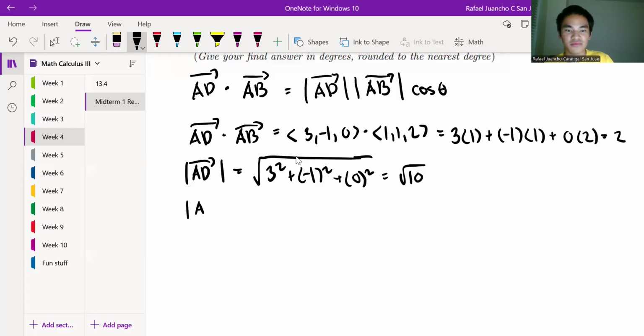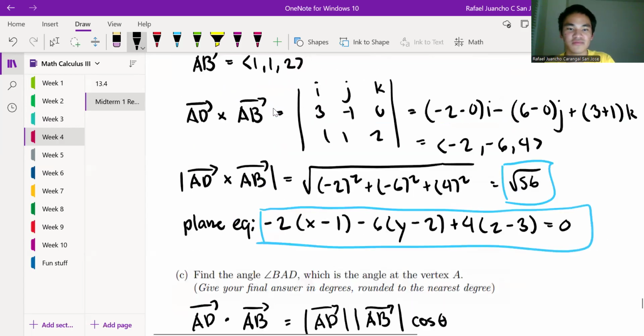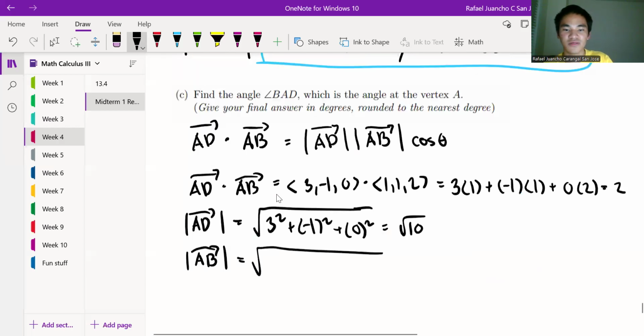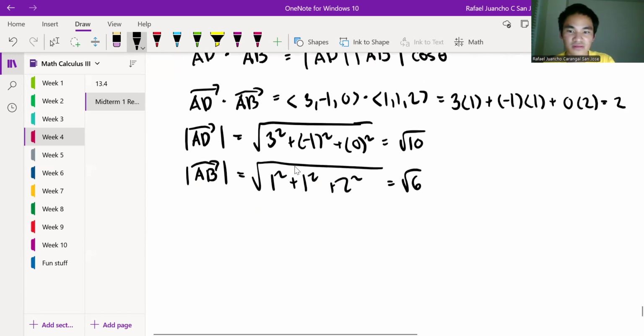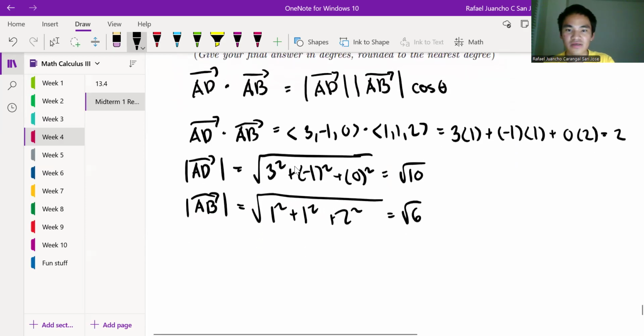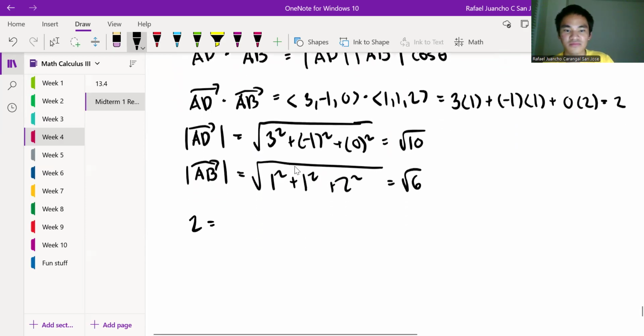Okay, now I do AB. So here I do the same thing basically. 1, 1, 2. So 1 squared plus 1 squared plus 2 squared. Here I get 6, square root of 6. Yeah, and then now I fill in the blanks. So I get this, square root of 10, square root of 6, cosine theta.